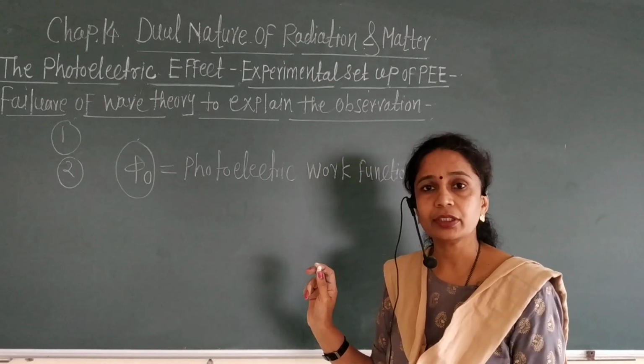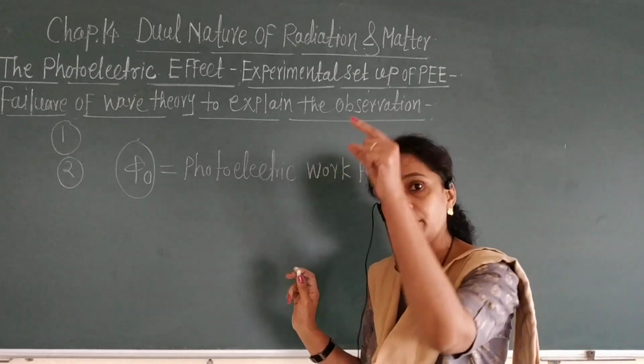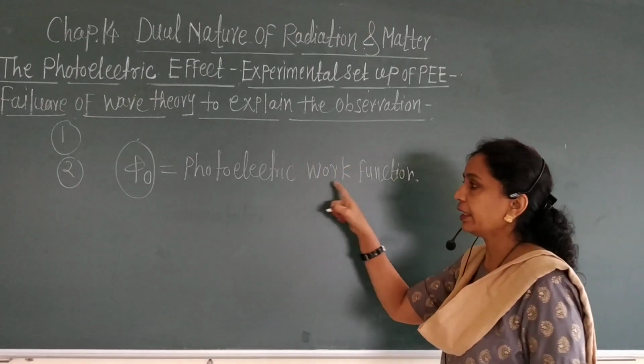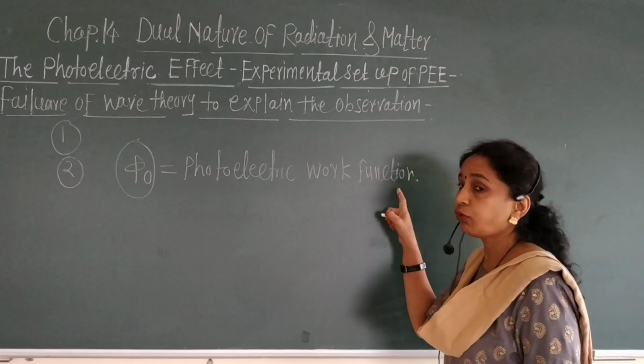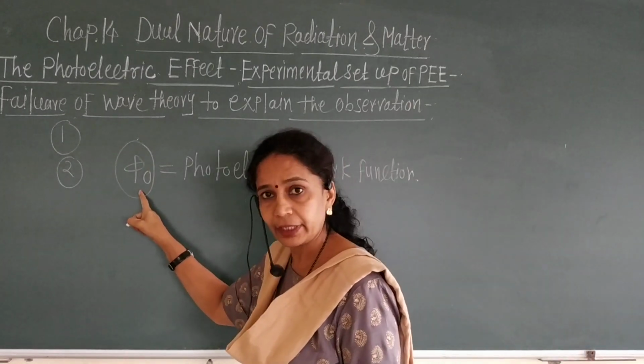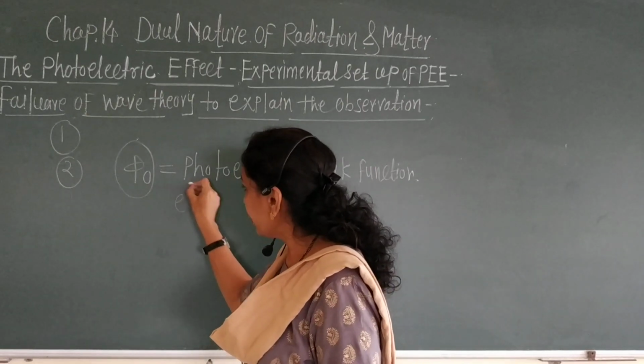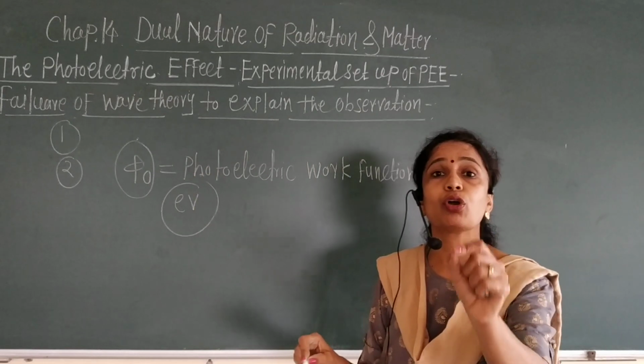The energy which is required to release the electron from the metal surface is called the photoelectric work function, and it is denoted by the letter phi naught, and it is measured in terms of electron volt.